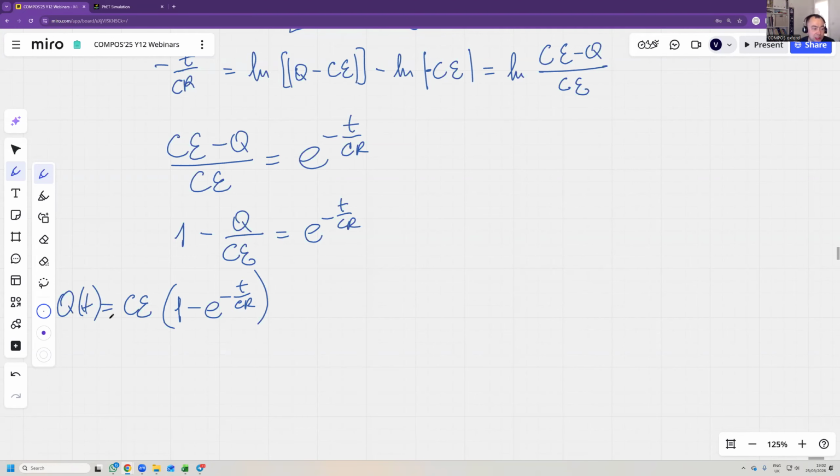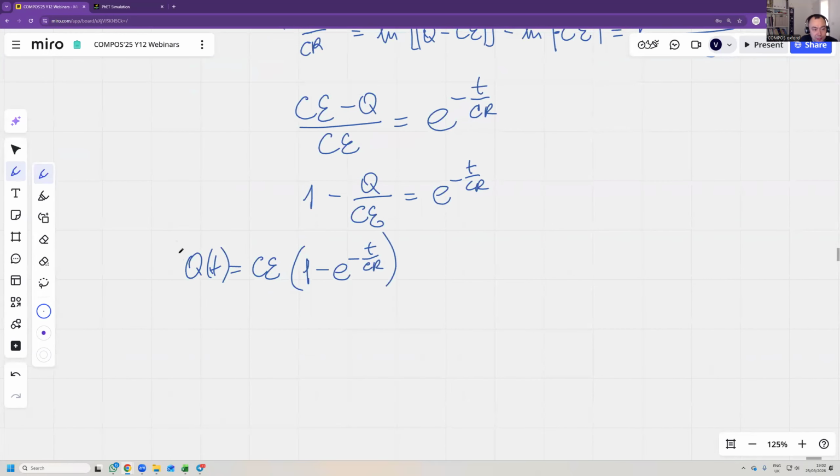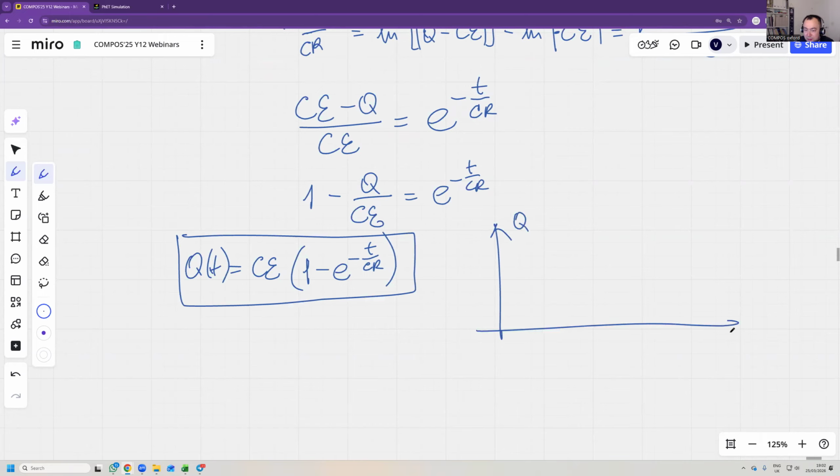That's how the charge changes on the capacitor. And you can sketch that as Q and t. And this is going to be like this. C EMF, because that's Q final.